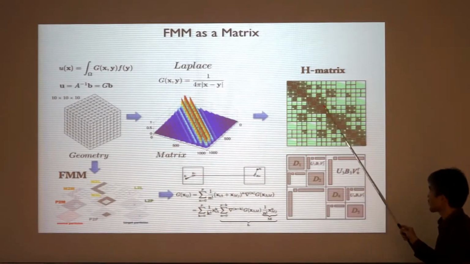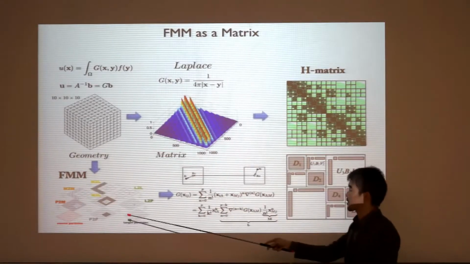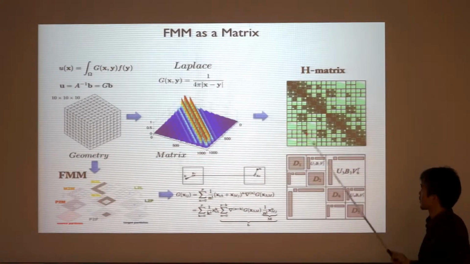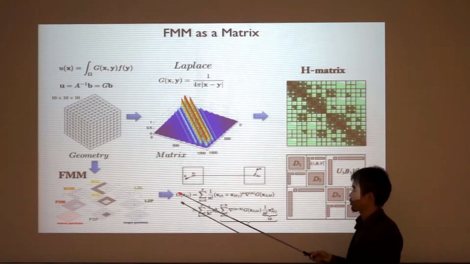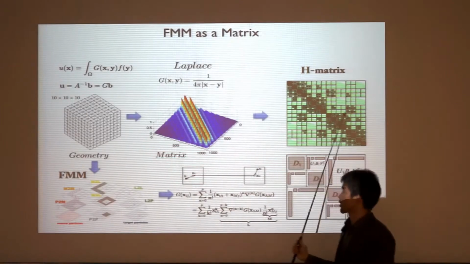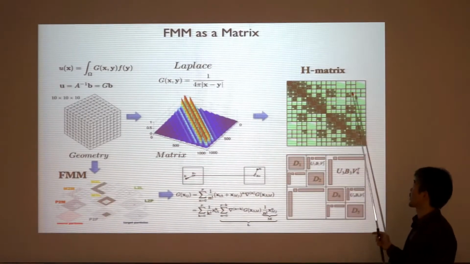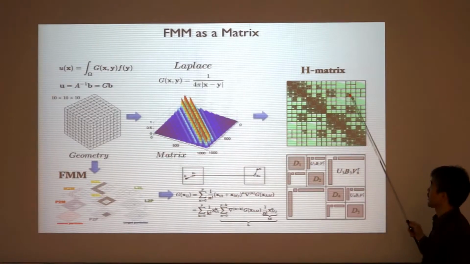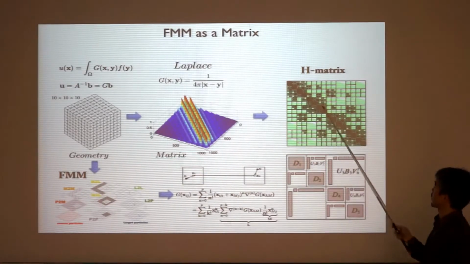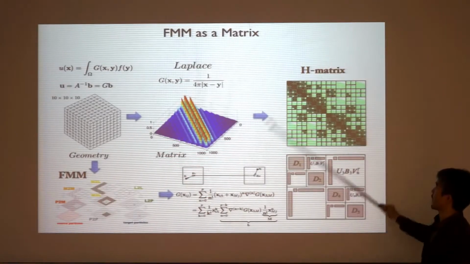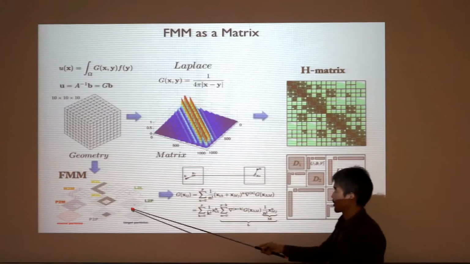So it doesn't map one-to-one because this is a 3D proximity and this is more like a 1D proximity. So the mapping between a 3D proximity and 1D proximity is what needs to be done very carefully. But we use a space filling curve for that, and that's why we use the Morton index. But you can think of roughly this distance from the diagonal as the distance in this geometry.